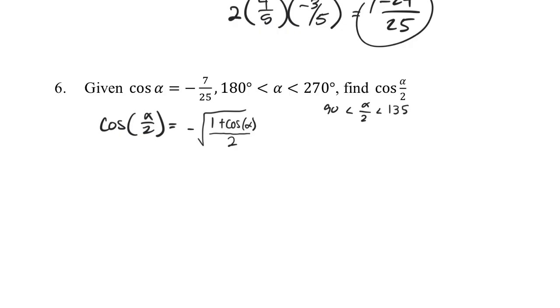Okay, so now we can evaluate. They're telling us here that the cosine is negative 7/25. 1 plus negative 7/25 is 18/25.